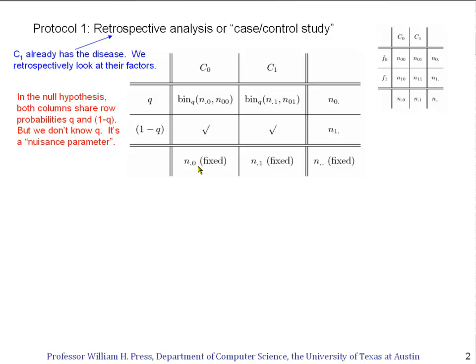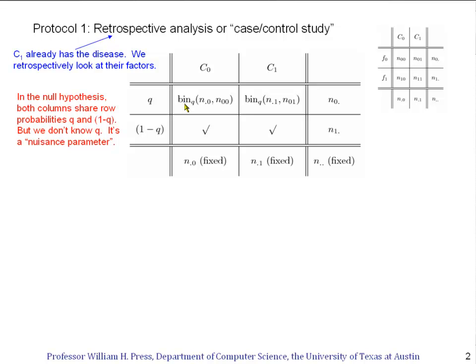Okay, let's start with this column. n.0 is fixed, and under the null hypothesis we'll just have a random draw with probability Q of the n.0 to see how many happen to end up in this bin. It says bin, but that stands for binomial probability.